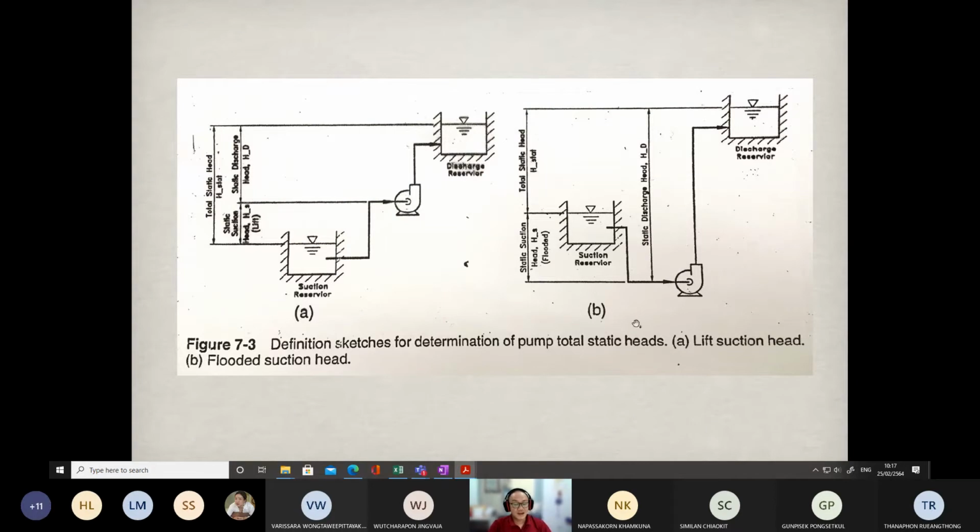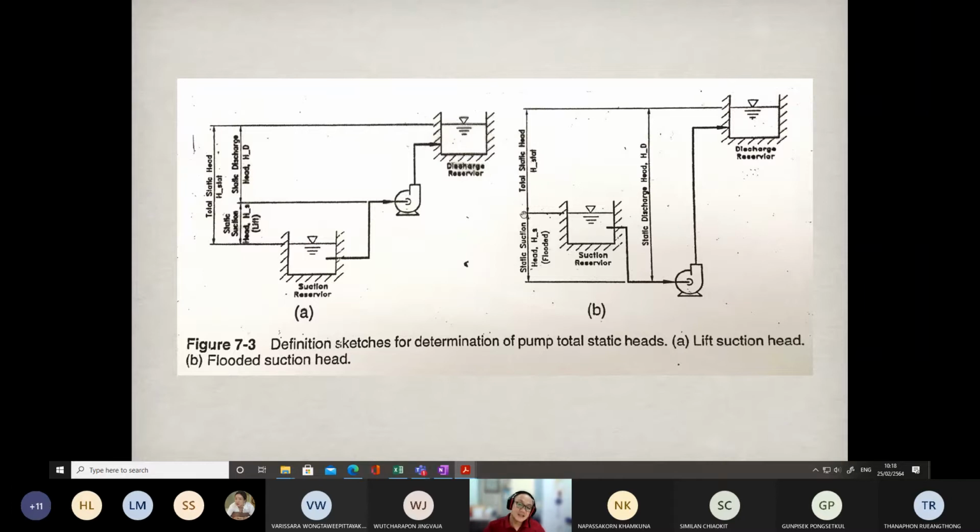So there are two cases of installations. In the first case, the relationship shows that the total static head is equal to the static suction head plus the static discharge head. But for the second figure, the relationship is different compared to the first case.